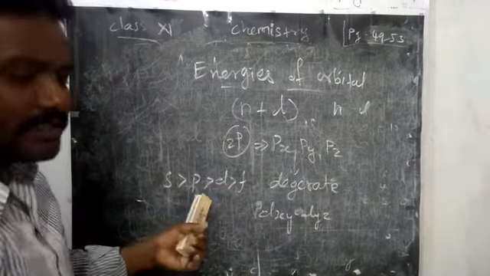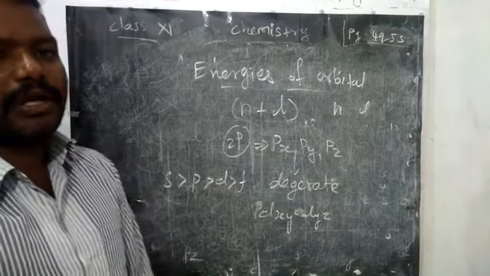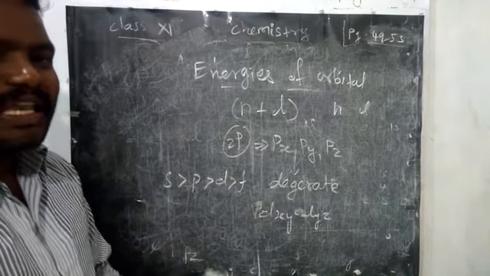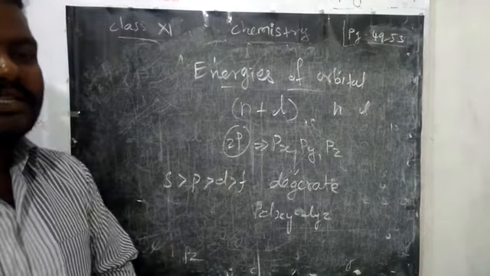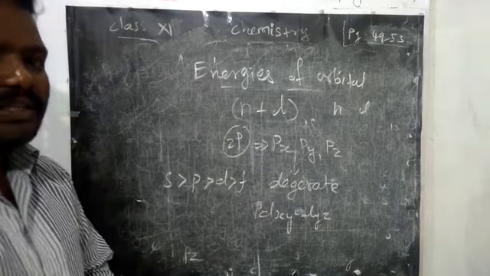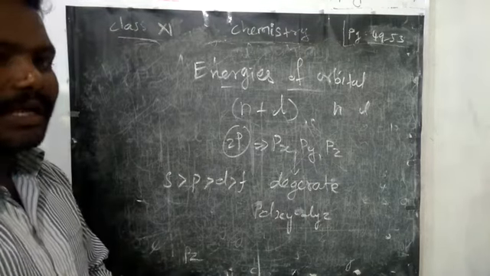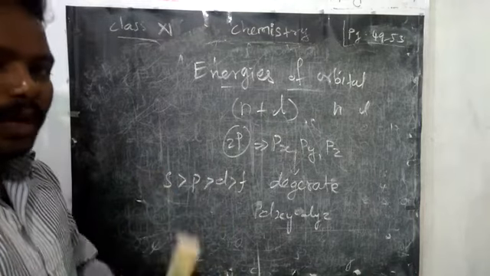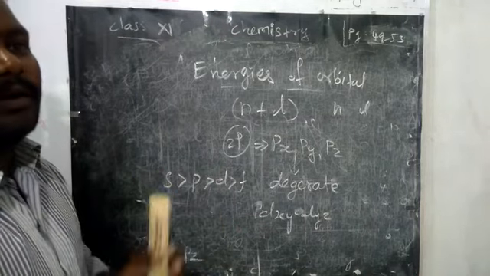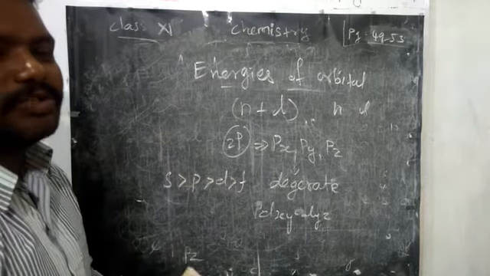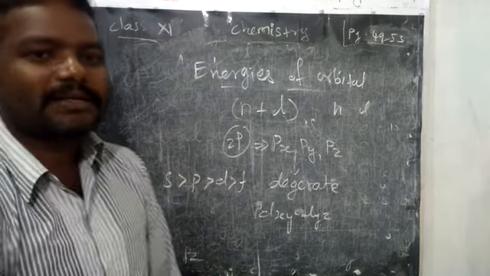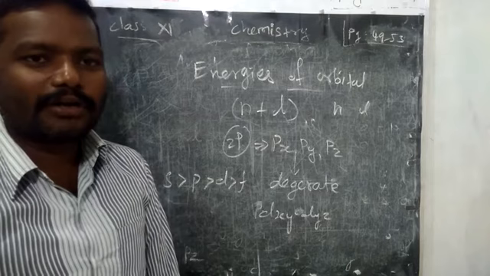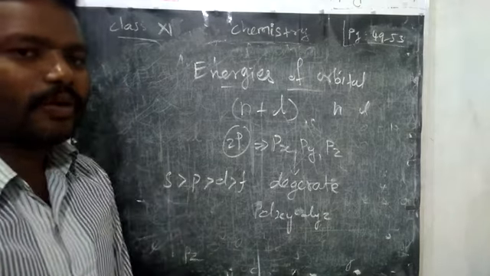This is based on effective nuclear charge. What is effective nuclear charge? We have studied it in the previous lesson, or next lesson we will learn. After overcoming the screening effect, how much nuclear charge attracts the outer shell electron, that is called the effective nuclear charge.